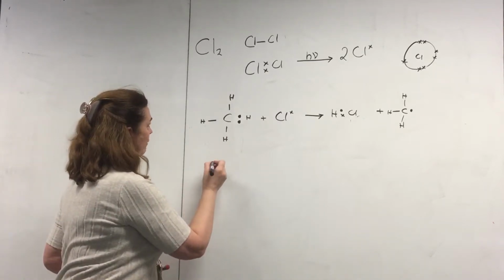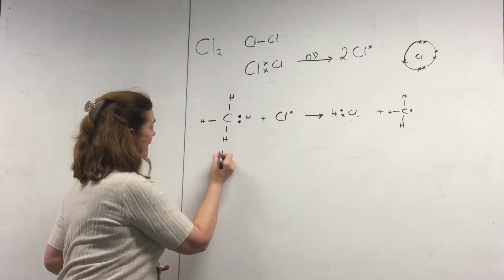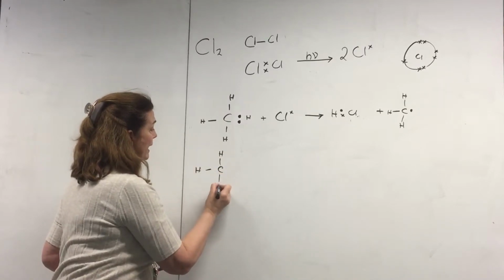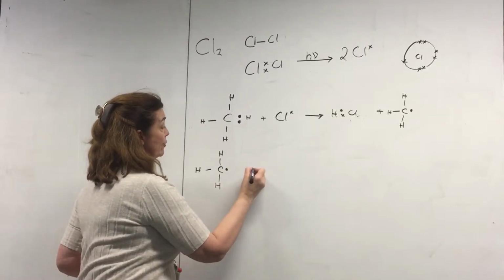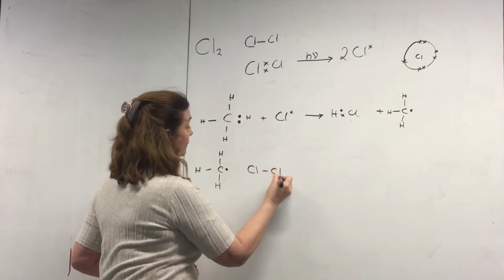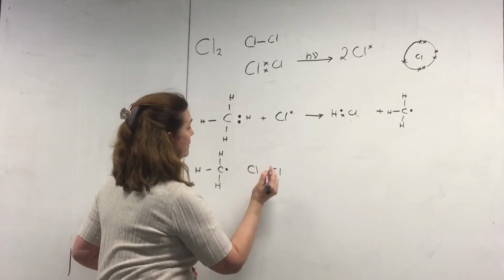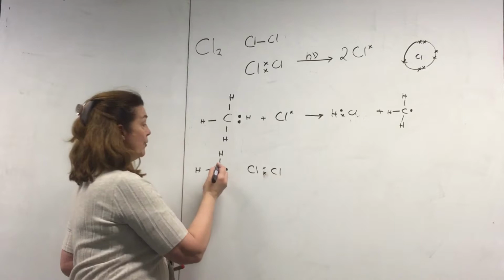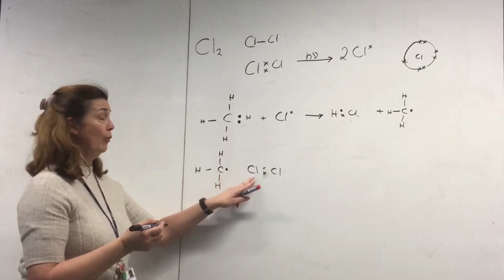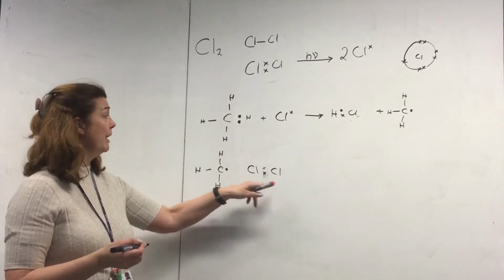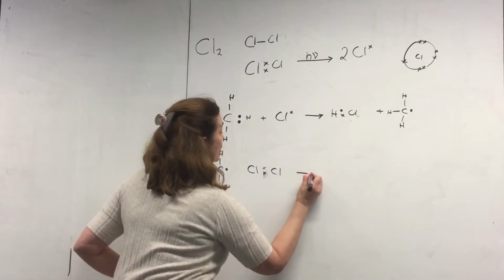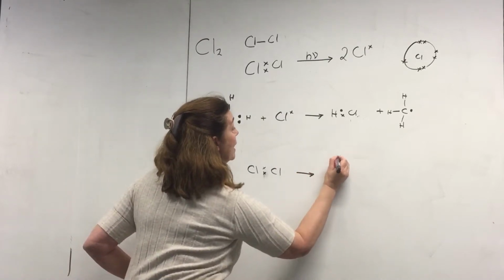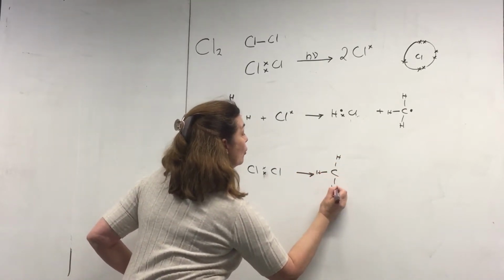Now the methyl radical can react in a propagation step. It can react with another chlorine molecule like this. So this can pluck the chlorine off with its electron and leave a chlorine radical. So we are forming a chloromethane.